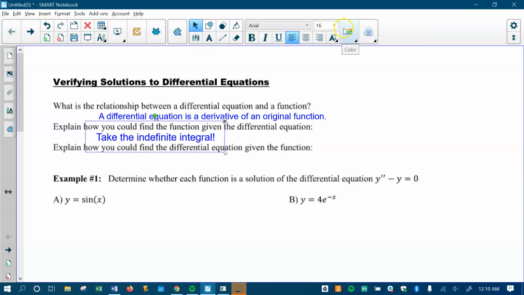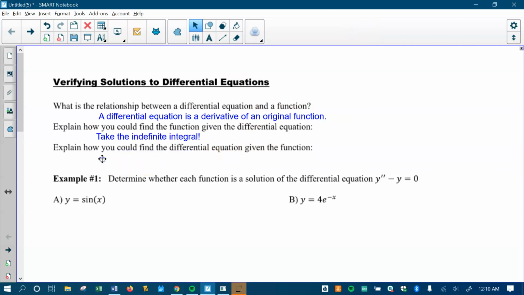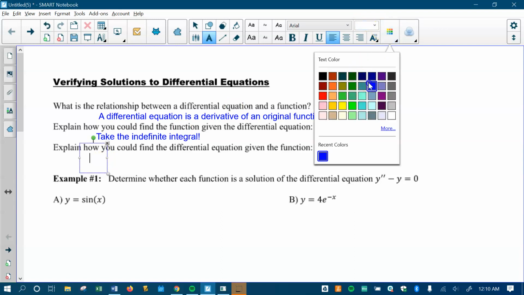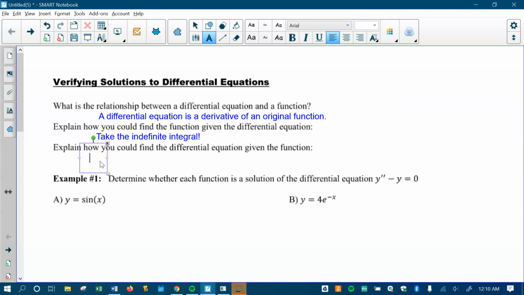And the indefinite integral will get you a function that you want. Next, how could you find the differential equation given the function? Okay, again, doable. Highly doable. Let's see here. Take the derivative of the original function.